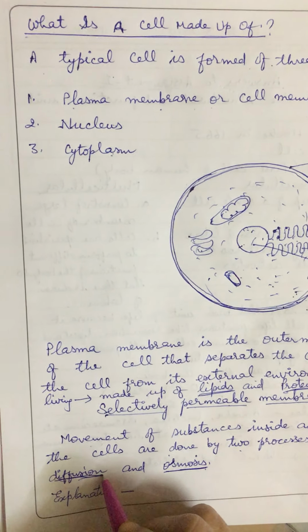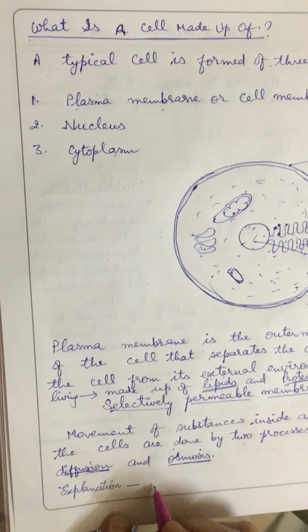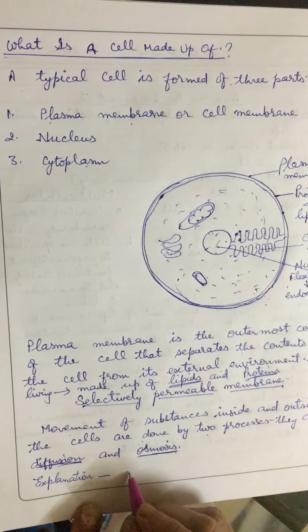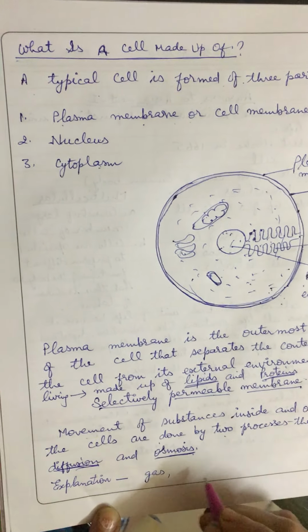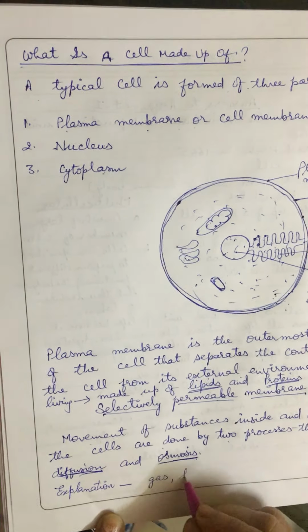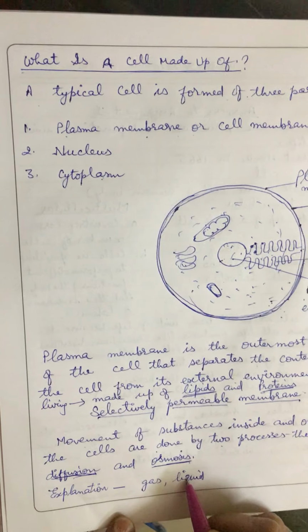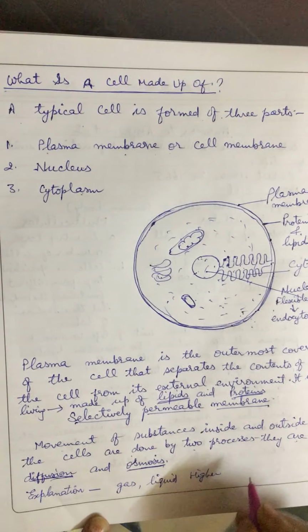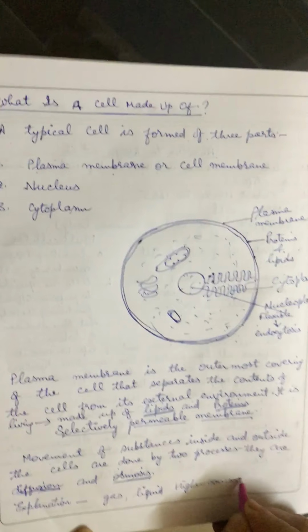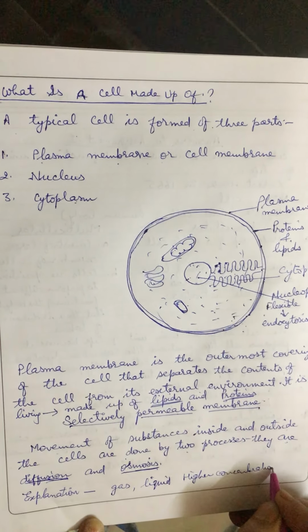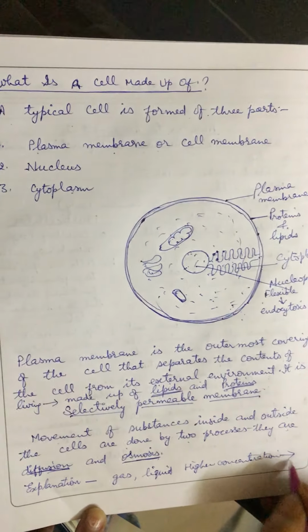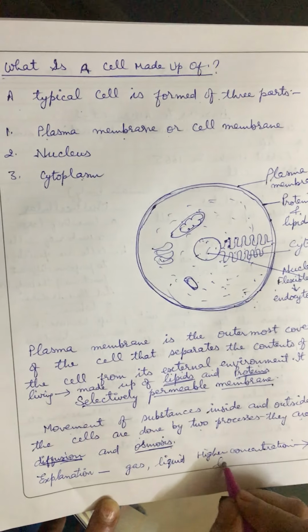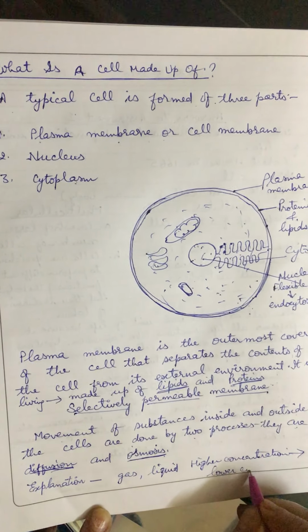Diffusion is a process by which any type of substances, it can be a gas, it can be a liquid, can move from a region of higher concentration to a region of lower concentration.